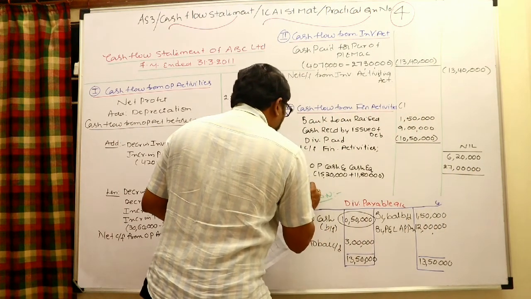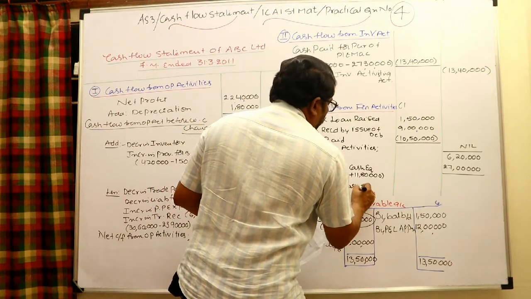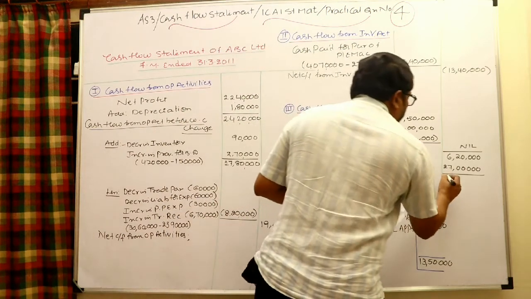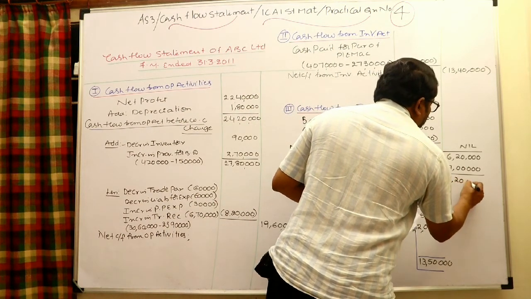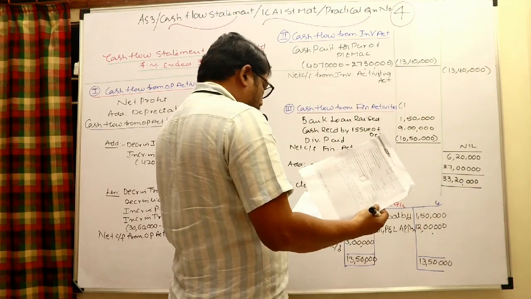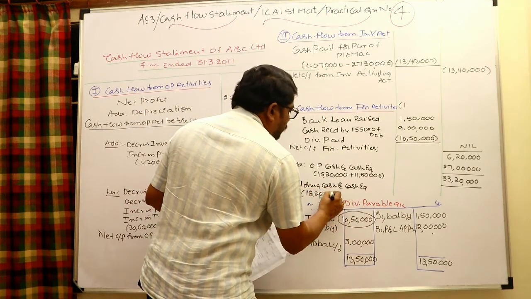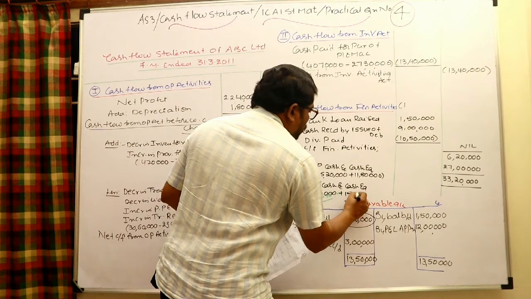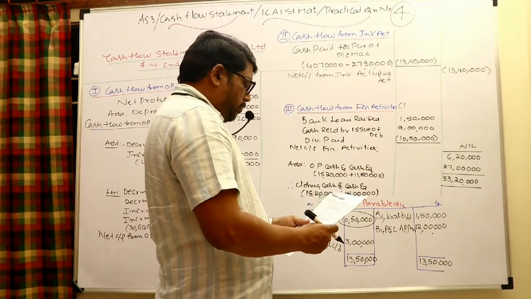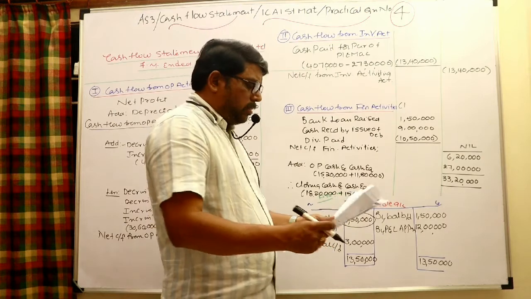Therefore closing cash and cash equivalents equal 33,20,000. You may also check: 18,20,000 plus 15 lakhs, closing cash balance and marketable securities, the resulting amount is 33,20,000.